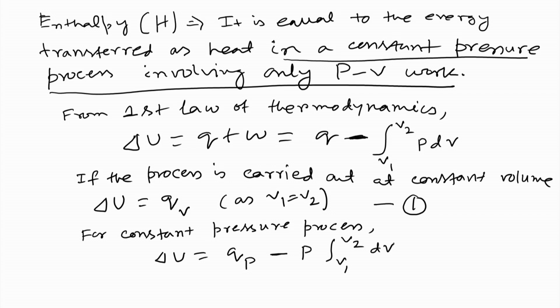So, we get Qp is nothing but delta U plus P delta V. So, for a constant pressure process, if we denote the heat change as Qp, we get this expression.